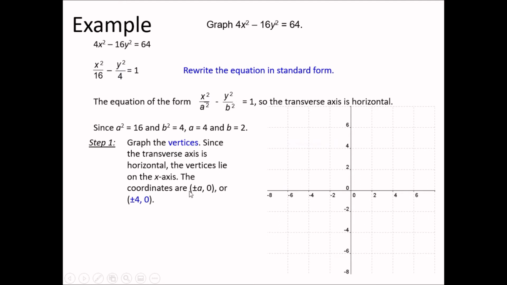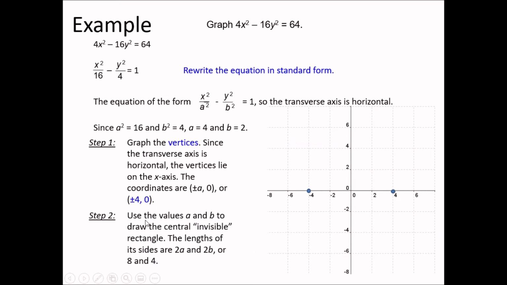So, yung vertices niya is positive or negative a and 0. So, yung a natin is 4. Then, we have positive or negative 4, 0. So, dito siya and dito. Yan.